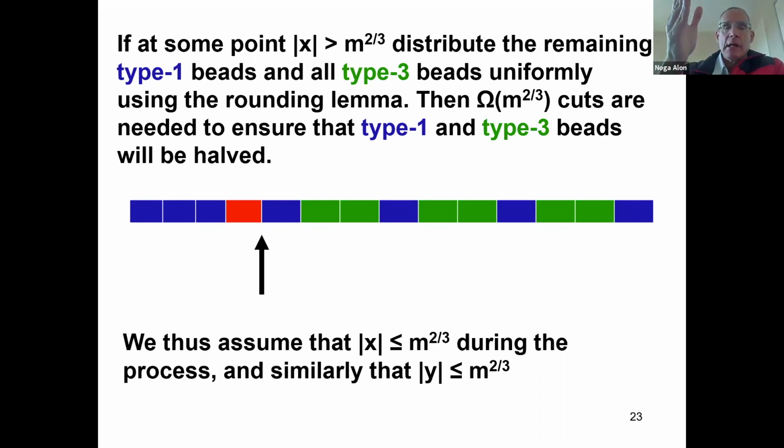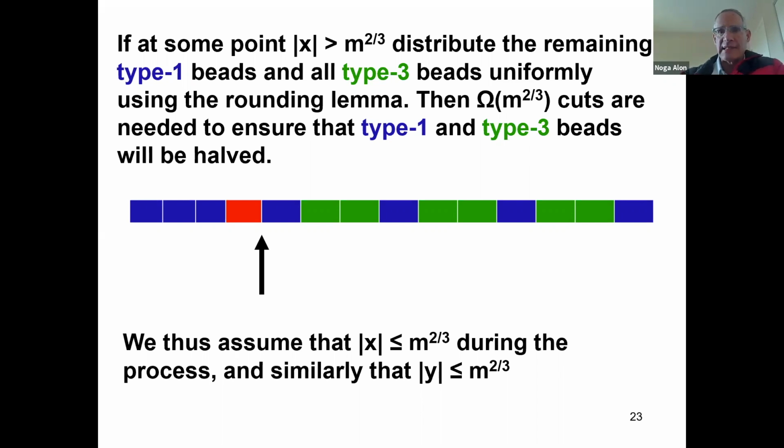Because whenever you take a long interval, essentially it gets the uniform parts of type 3 and type 1, and it will not be able to balance things. So if you work out the computation, it will show that you must have at least some constant times m to the 2/3 cuts in order to balance things.